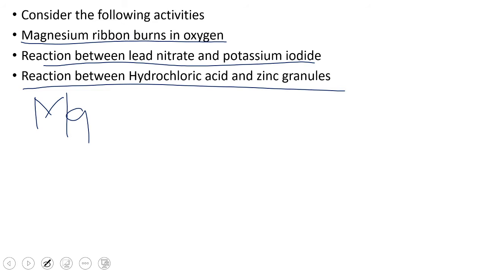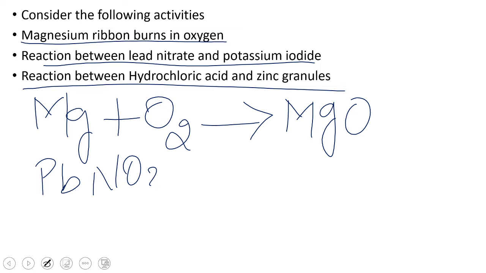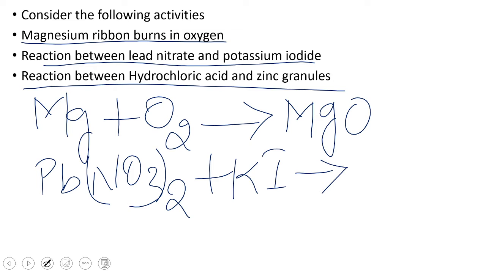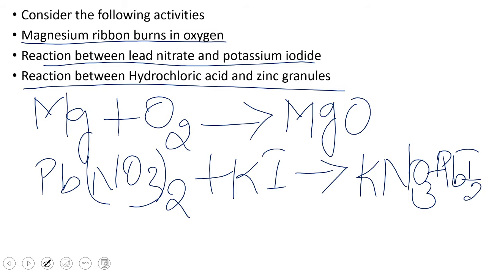Magnesium reacts with oxygen to give rise to magnesium oxide. Here lead nitrate, that is Pb(NO3)2, reacts with potassium iodide, gives rise to potassium nitrate, and lead iodide is formed.